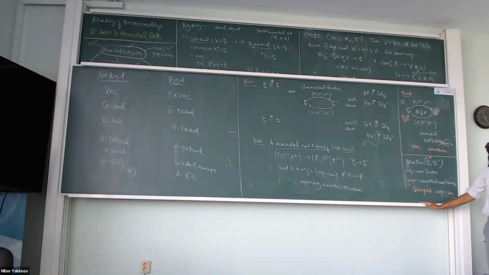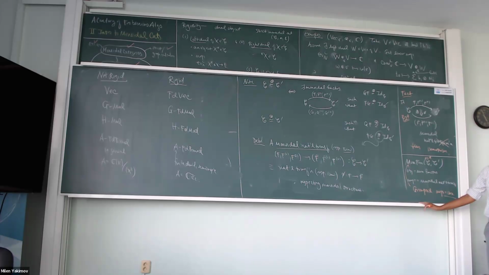Yeah, but the question is about the rigid property. Duals are still duals. A monoidal equivalence preserves the duality, I think.